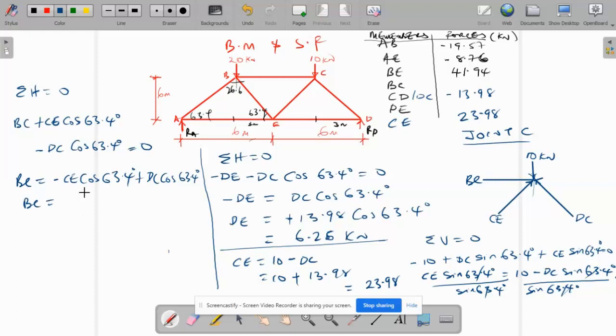So BC is equal to, here we know we have CE already, which is minus 23.98 cos 63.4 degrees.